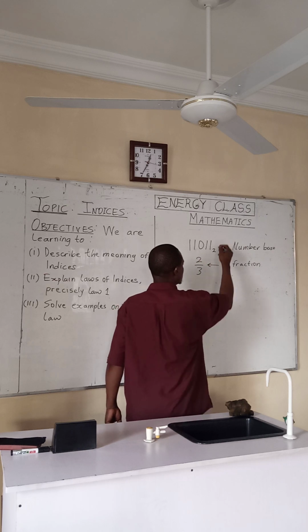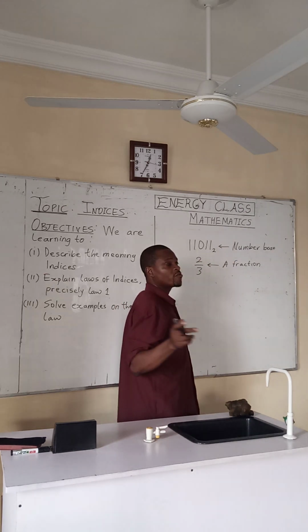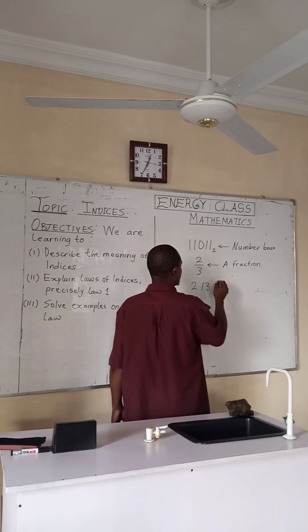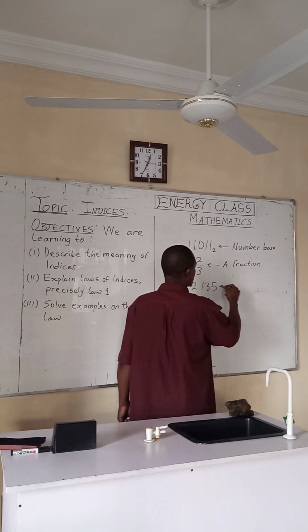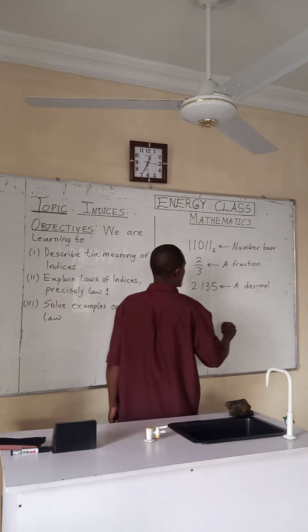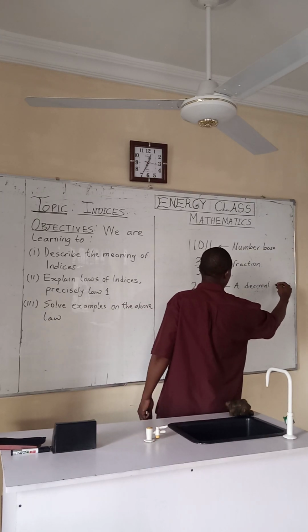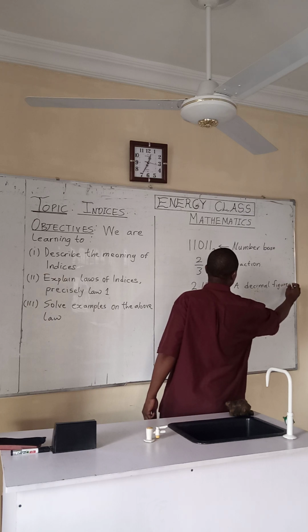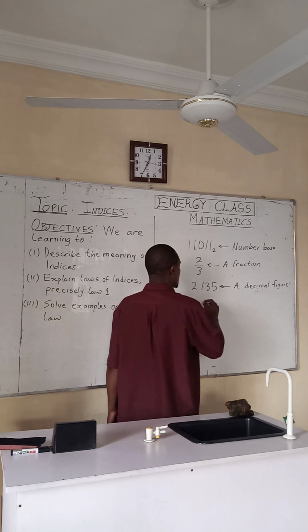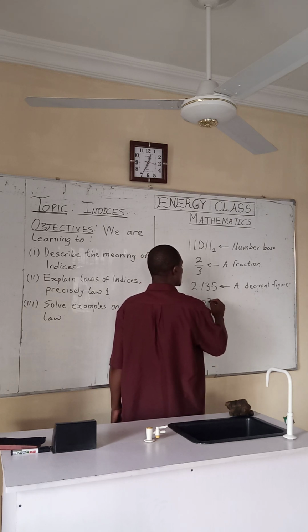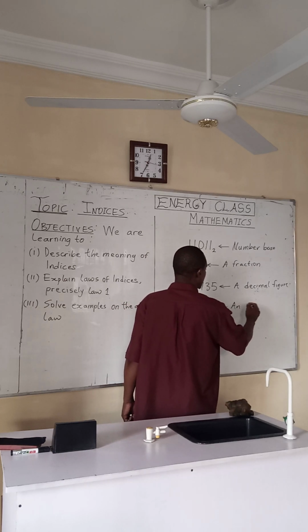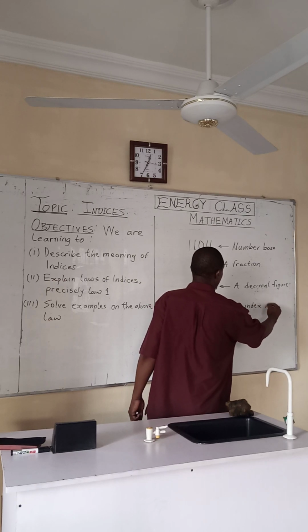And we also have 2.135, for instance. This is called a decimal, or a decimal figure. So that takes us to what we have today, which is if you have 2 raised to power 2. This is called an index figure.